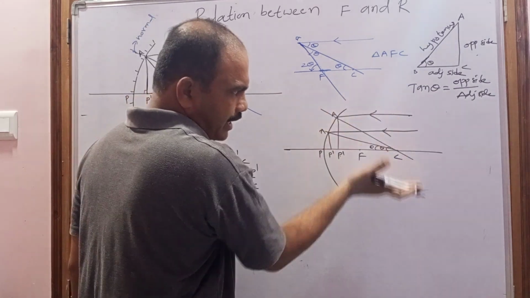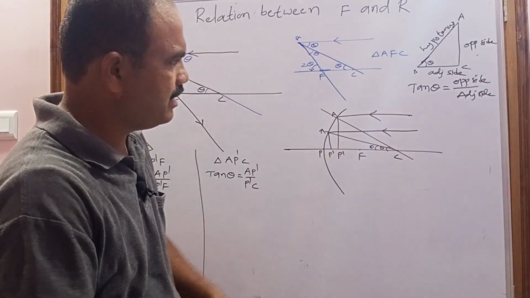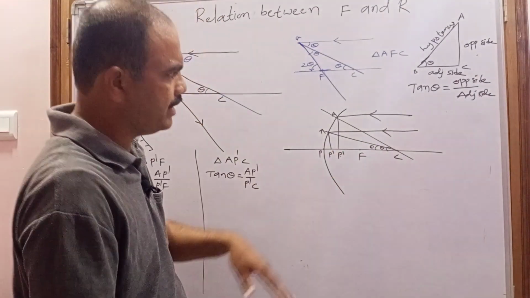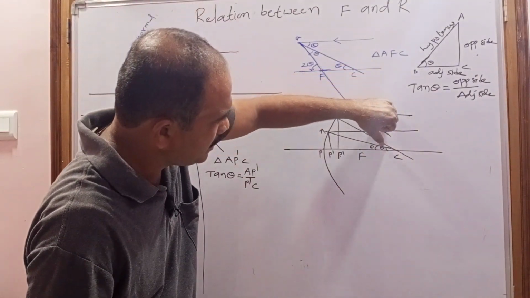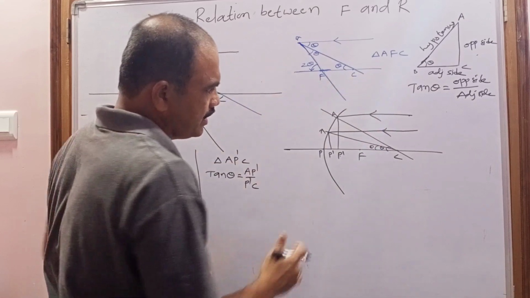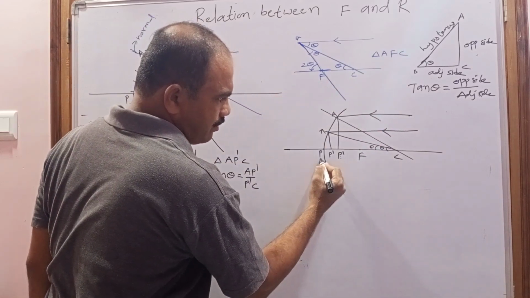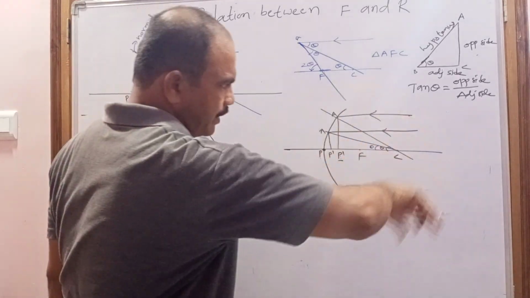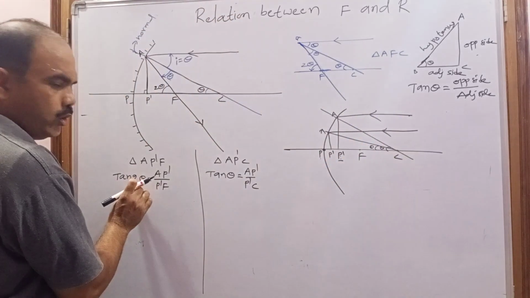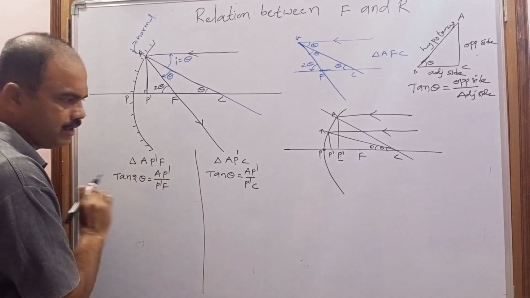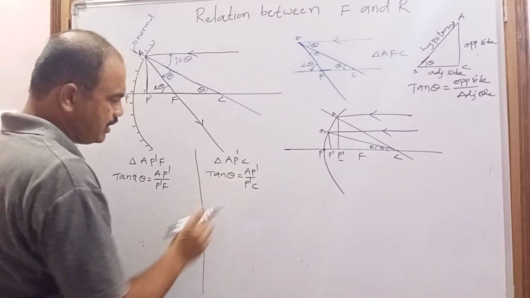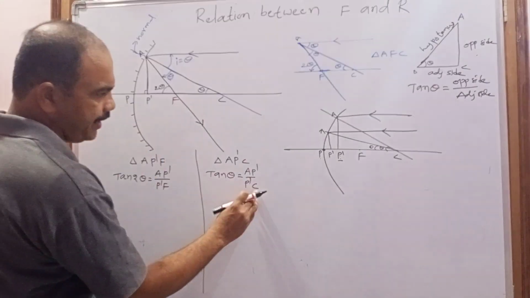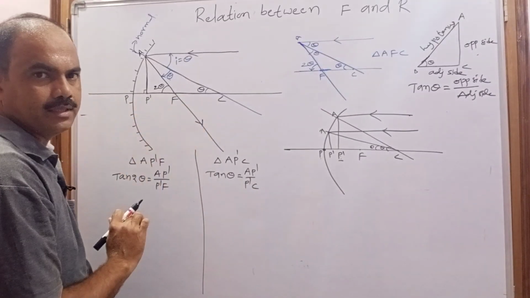Such rays, which are very near to the principal axis, are called paraxial rays. In the case of paraxial rays, theta also decreases. When theta decreases, P' also approaches P. That's why in the case of paraxial rays, tan 2 theta can be taken as 2 theta, tan theta can be taken as theta, and P'F can be taken as PF, and P'C can be taken as PC.